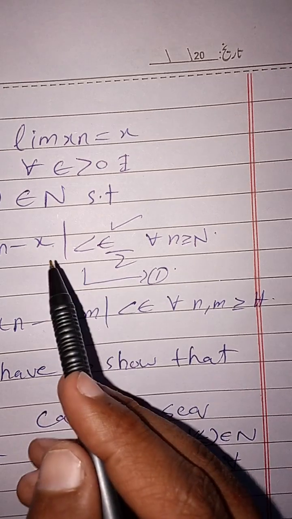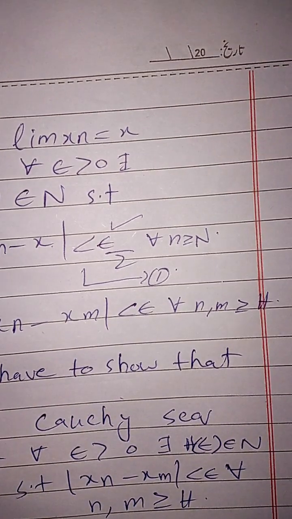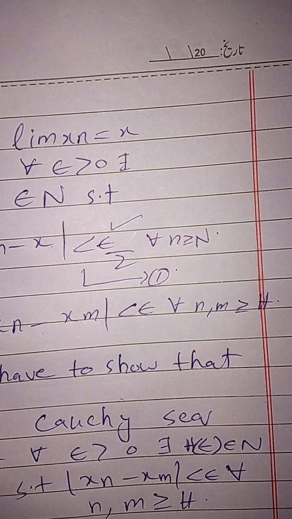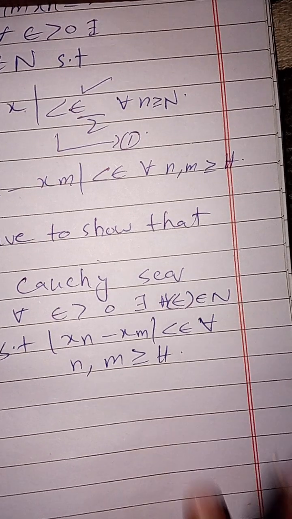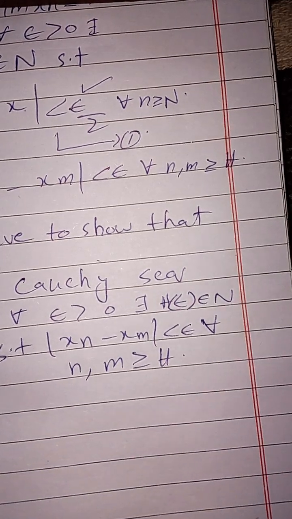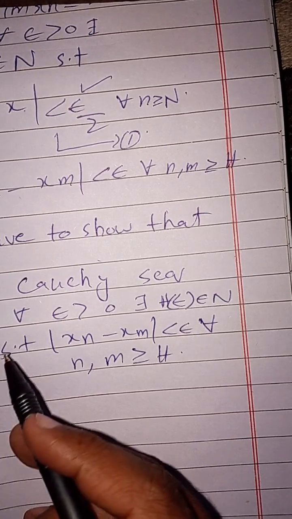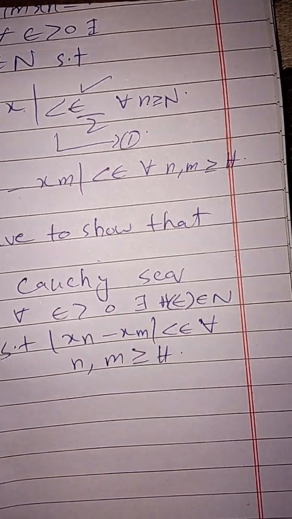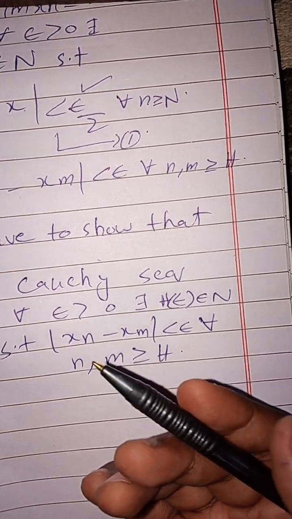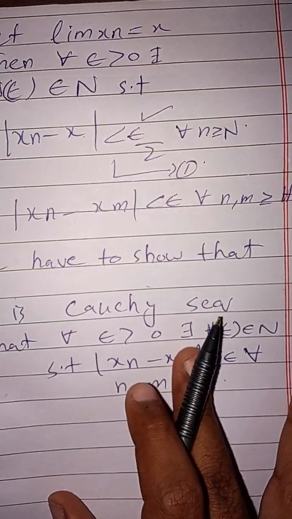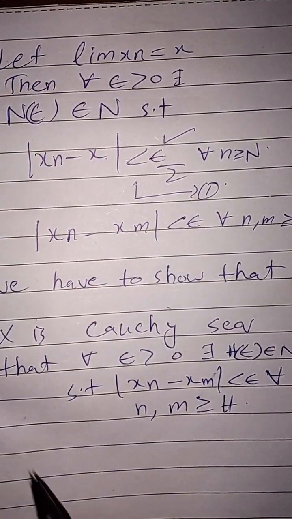To show that, we are given that the distance |xn minus x| is less than epsilon by 2. So the distance of the mth term of the sequence from the limit can also be less than epsilon by 2.